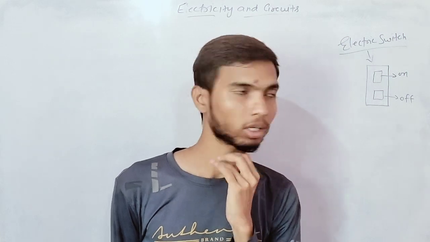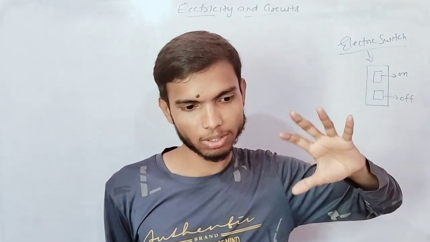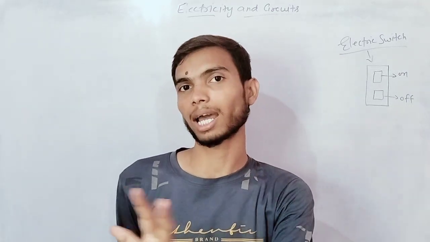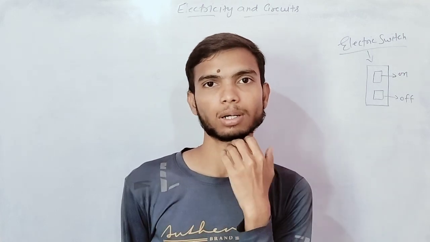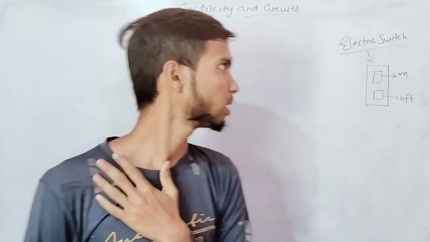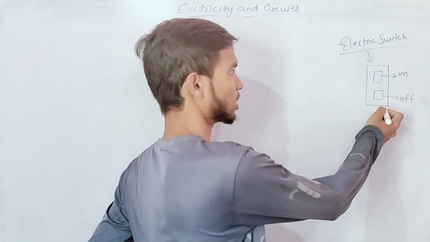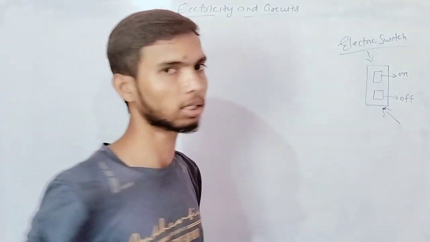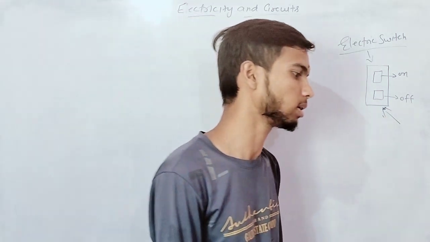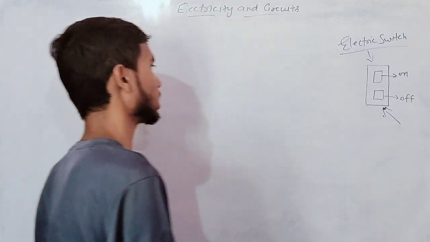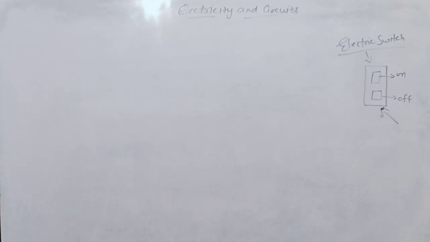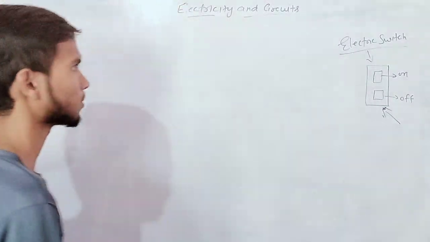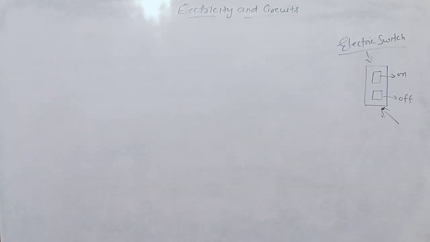If it is closing the open circuit, then current will work completely. It is a safety device. It breaks the electric circuit, it completes the circuit, clear? Now shall we take a question based on this?